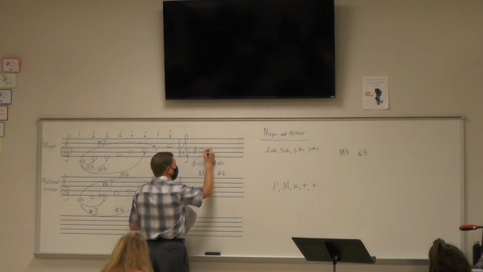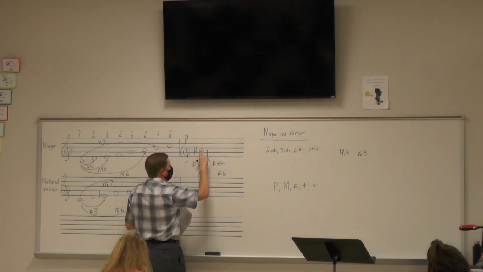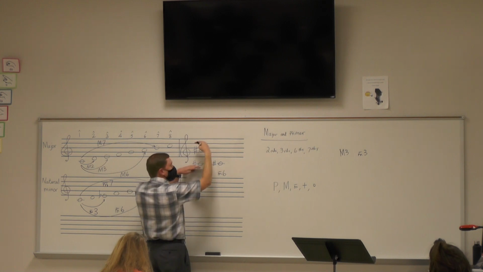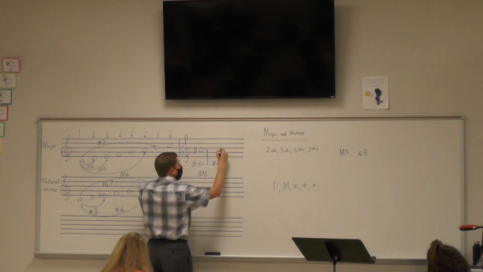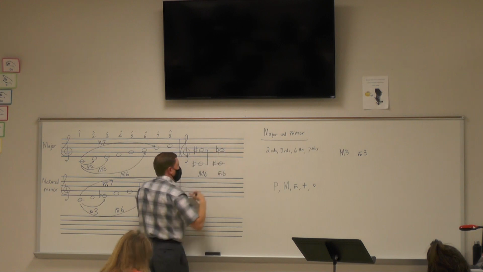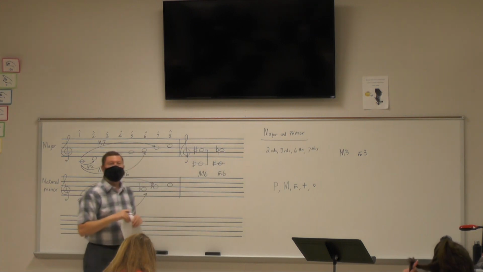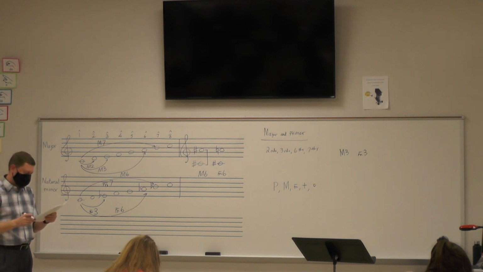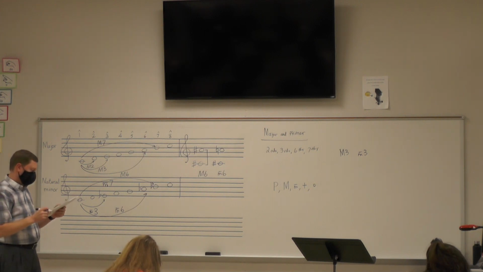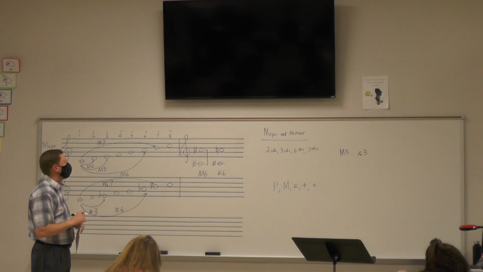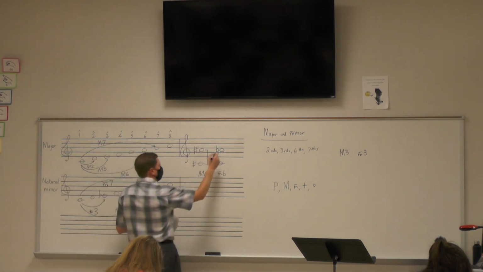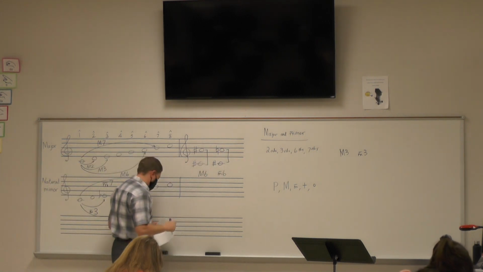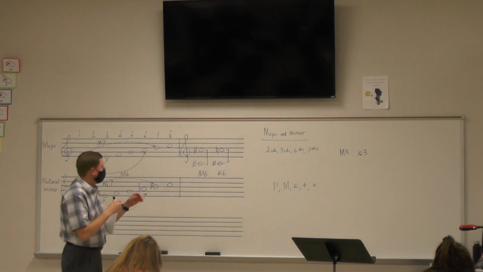If I make the distance that's a major sixth, C sharp to A sharp, a half step smaller, then I've automatically got a minor interval of the same numeric size, a minor sixth. So again, if you think about the piano, it can be helpful.